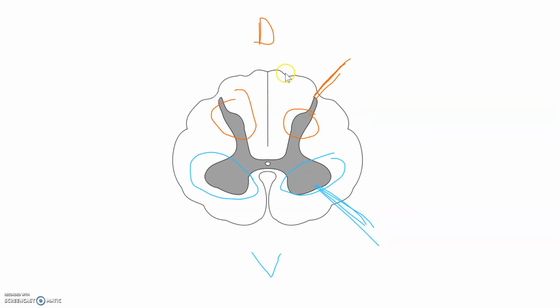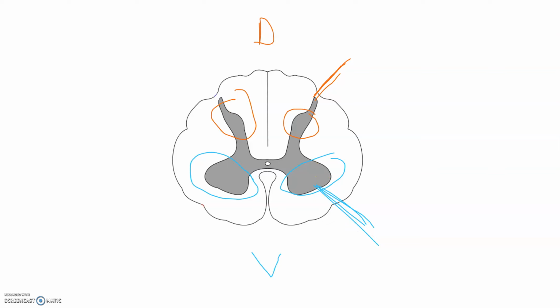The next thing we can say is that these dorsal roots are going to be carrying only sensory information. This is afferent information, and it's going to be coming into the spinal cord. And then these ventral roots are going to be motor, and they're going to be carrying information away, or efferent.